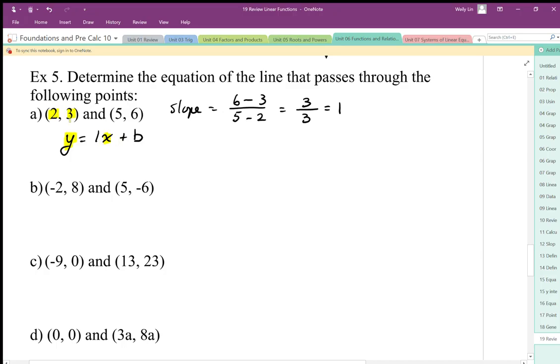And by doing this in this situation, I'm left with one variable, b, to solve for. So I'm going to end up with 3 is equal to 1 times 2 plus b. Okay, I'm going to subtract 2 from both sides and end up with b is equal to 1. So there it is. I've got my slope of 1 and my y-intercept of 1. There is the equation of my line.